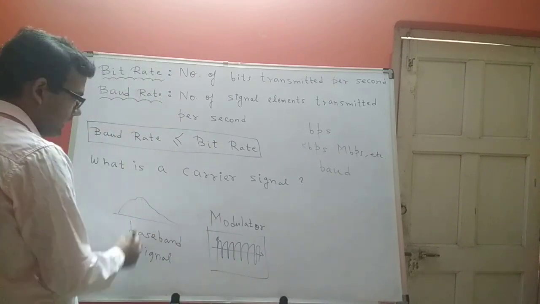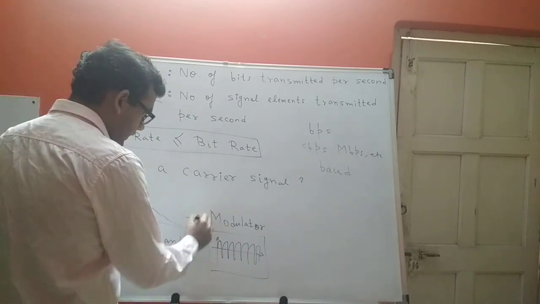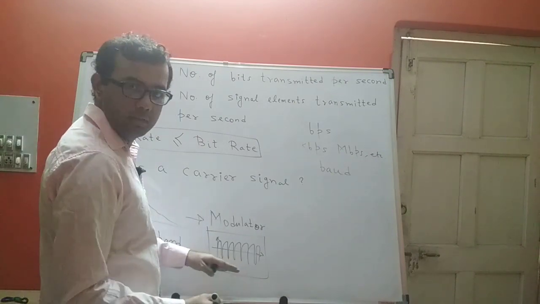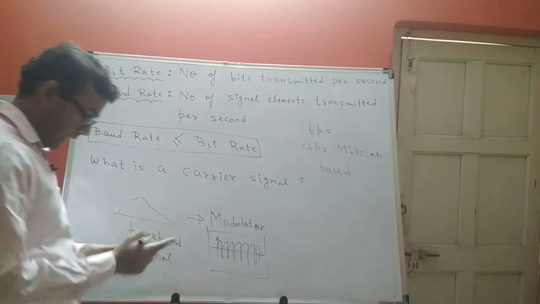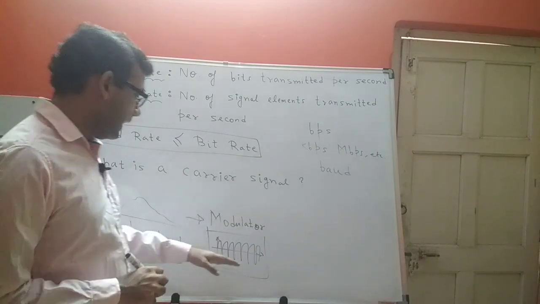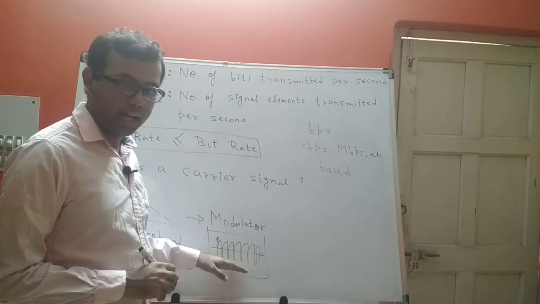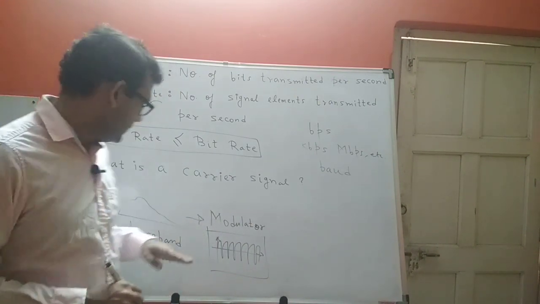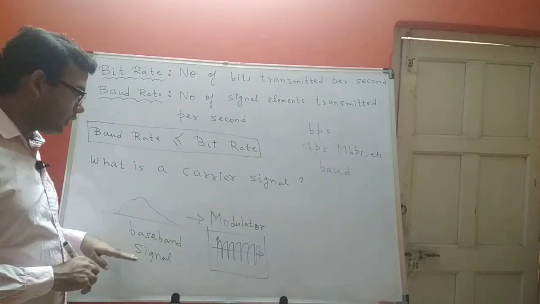Now this baseband signal will be combined with this carrier signal. If you have noted down what I said, I had mentioned in one line that the carrier signal is of very high frequency. The carrier signal acts as a base for your unmodulated signal or for your original signal.